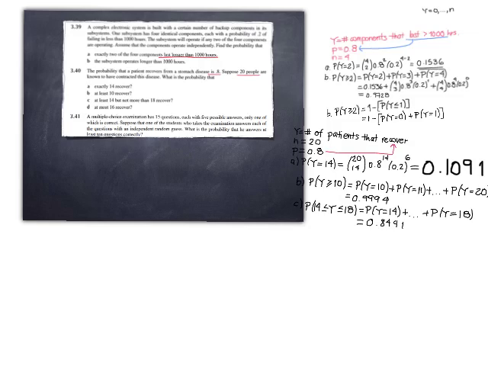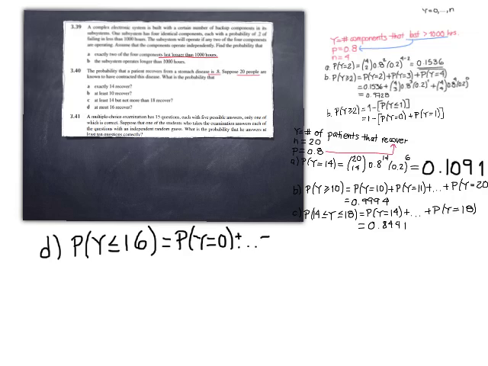And finally, you have letter D. At most 16, so you have a maximum value less or equal than 16. So you could go from 0 up to 16, or you can do it the other way: 1 minus the probability of y greater or equal than 17.